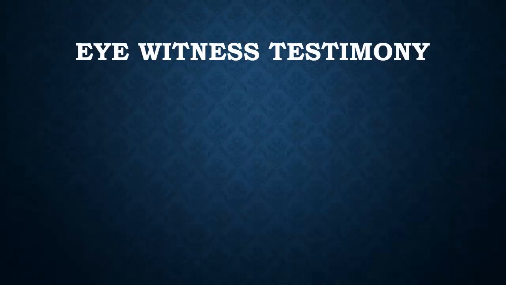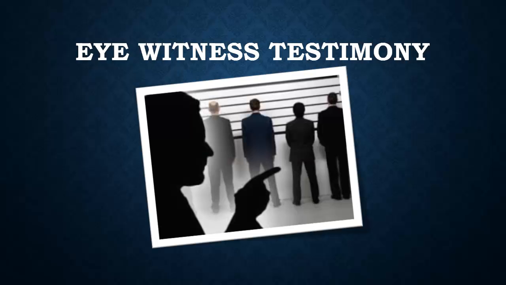Eyewitness testimony is the account a bystander gives in the courtroom, describing what that person observed that occurred during the specific incident under investigation. Ideally, this recollection of events is detailed, however this is not always the case. This recollection is used as evidence to show what happened from a witness point of view.